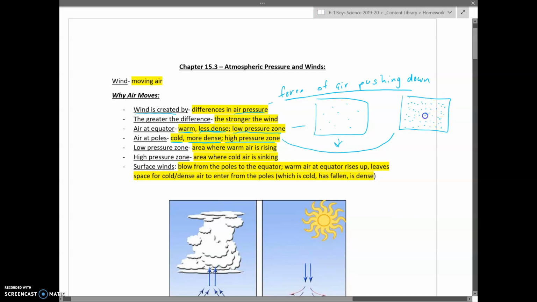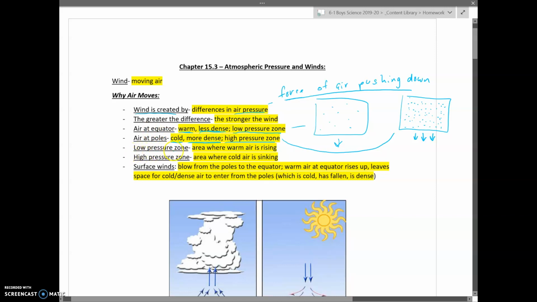So when there are more air molecules stuffed inside, they have more weight or more mass in the same area, which will lead to a lot more pressure. So cold air, high pressure; warm air, low pressure.